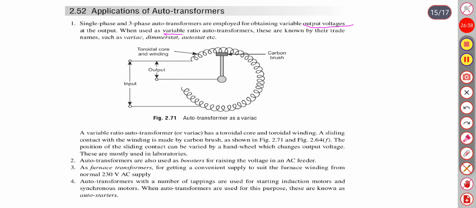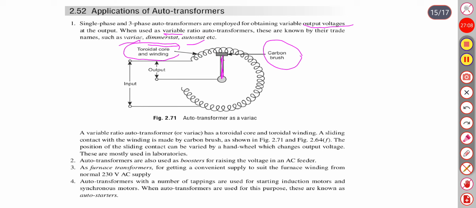These are known by their trade names such as variac, rheostat and autostat. This is called the toroidal core and winding. One carbon brush is attached with this lever to make contact with the winding.